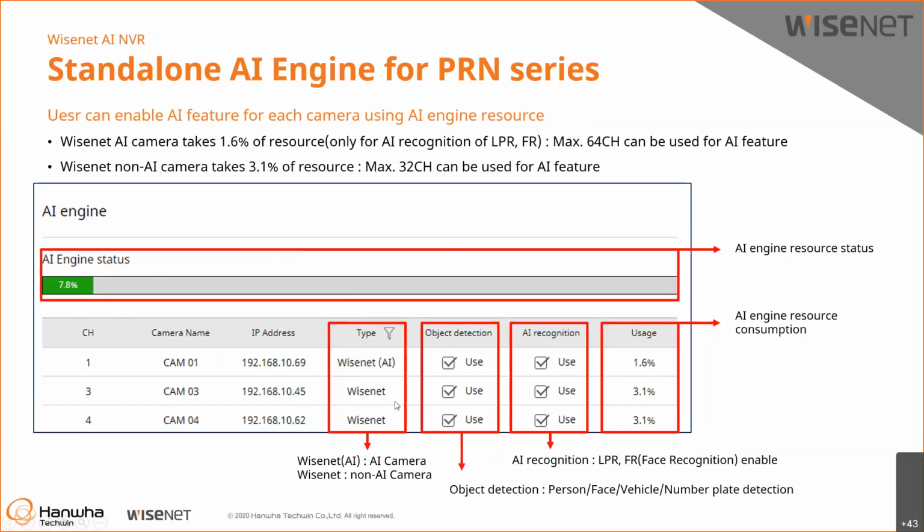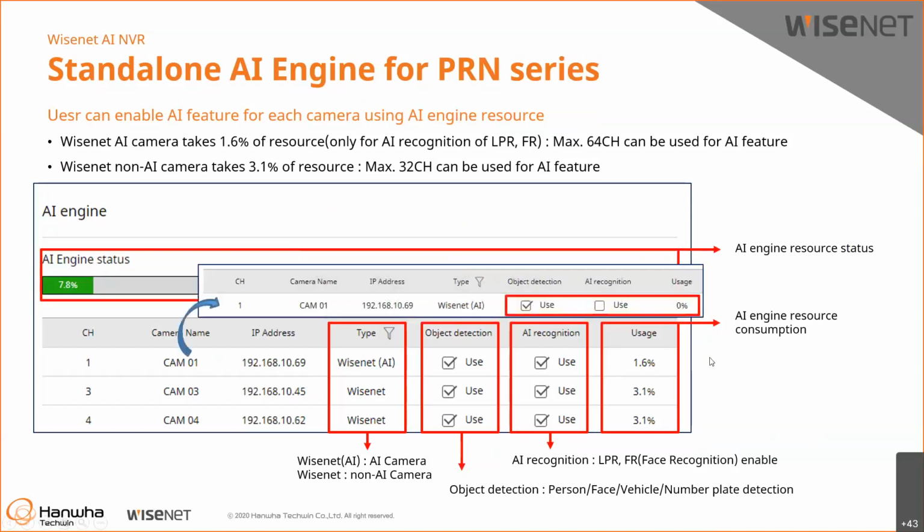But with non-AI cameras, it will take around 3.1%, which means, if you calculate it, just imagine this is a 64 channel MVR, then if you are using AI cameras, you can use all 64 channels for AI. But if you are using non-AI cameras, then only half of it, I mean 32 channels, can be used for AI features.